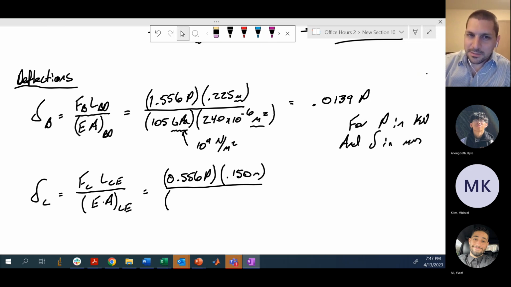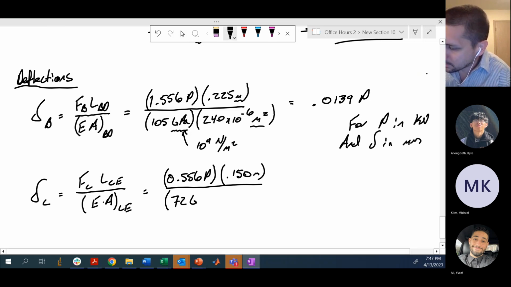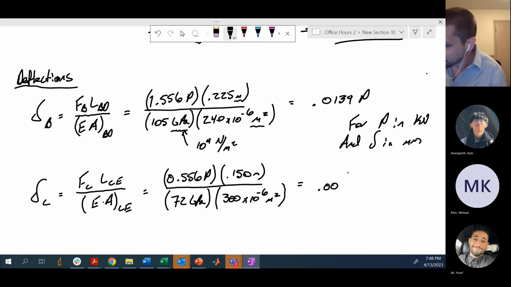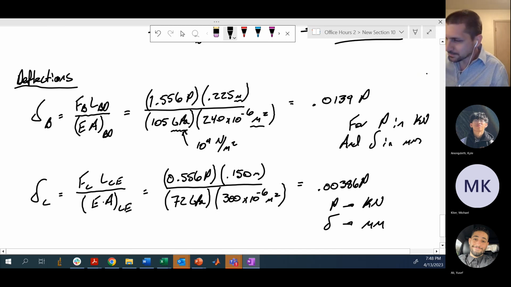We were told that member CE was made out of aluminum, which has 72 GPa. Its cross-sectional area, we were told, was 300 square millimeters, so I'm going to put this in as 300 times 10 to the negative 6 meters squared. It's a conversion from millimeters squared to meters squared. Work through this, and you're going to have 0.00386 times P. Again, P is in kilonewtons, and displacement here is in millimeters.